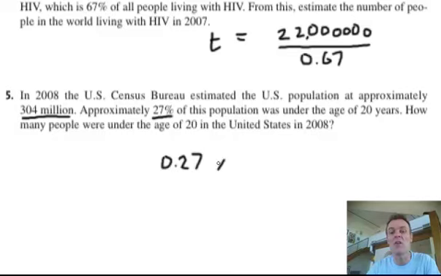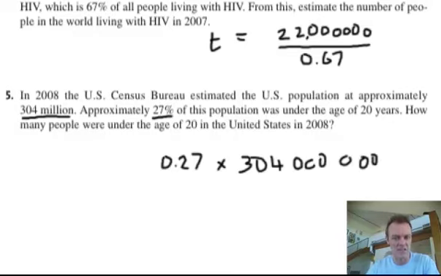What's 27% of 304 million? Remember, it's multiplication. There's 304 million.